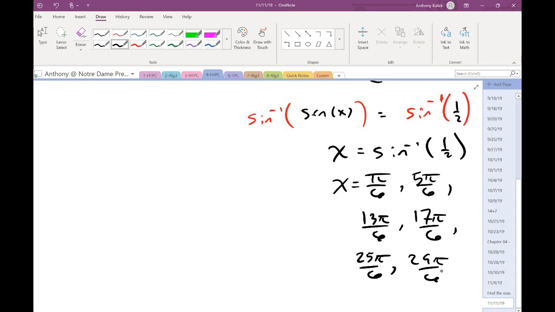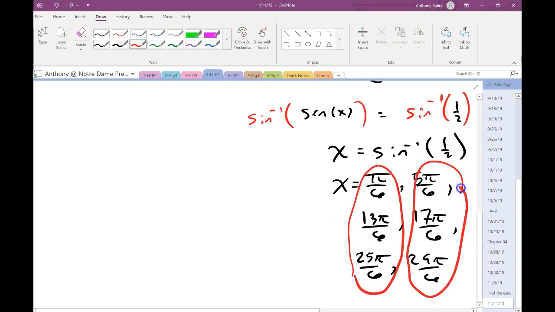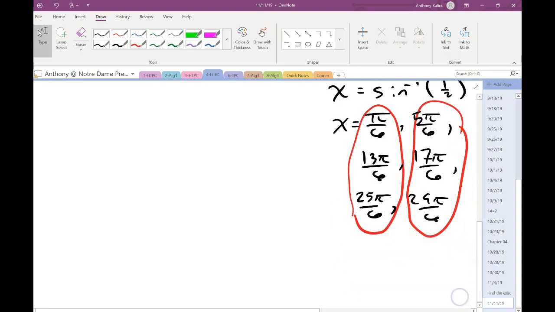What's going on here? So what's the relationship between these angles? We have a term for this. Starts with a C. Call them coterminal angles. Remember that?